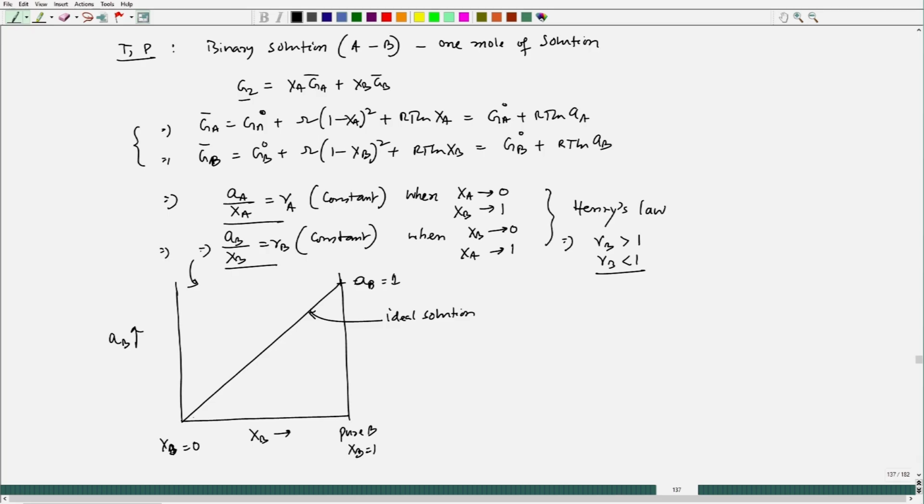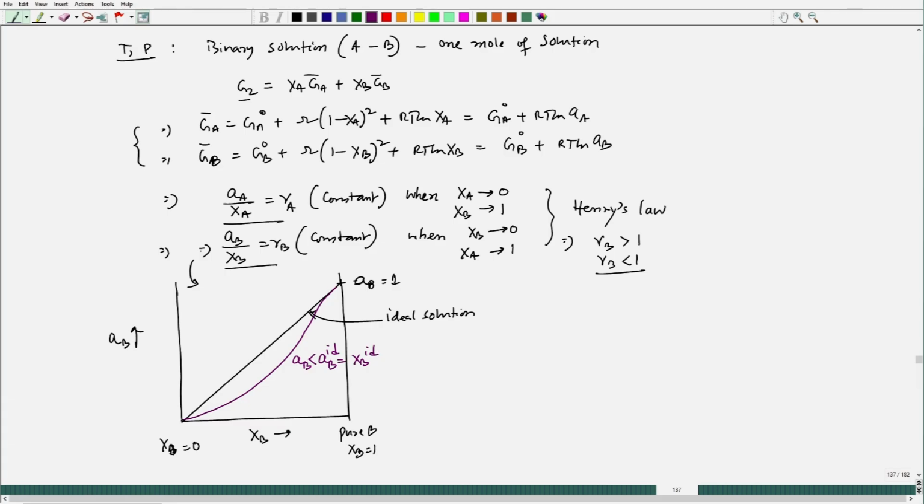If gamma B is less than 1, the activity of B is less than the activity of B when it is ideal, which is nothing but XB ideal.